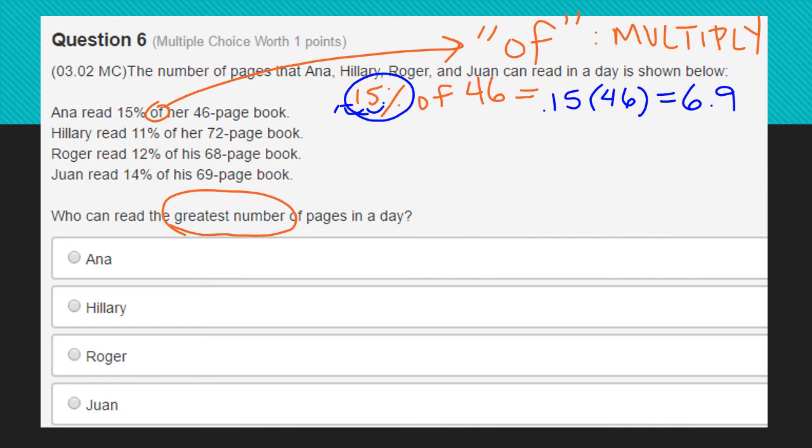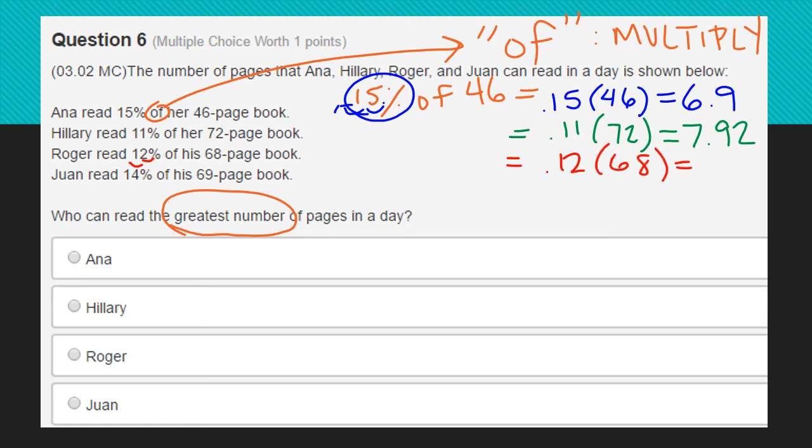Okay, let's do the next one. Next one is Hillary, and Hillary can read 11%, which is 0.11 times 72. So if we do 0.11 times 72, that gives us 7.92. Okay, let's do the next one. Roger can read 12%, which we know is a decimal. Remember, we move it over twice to the left, which is 0.12 times 68.